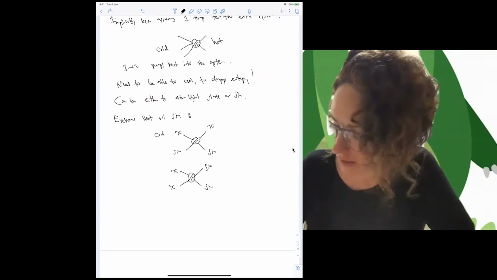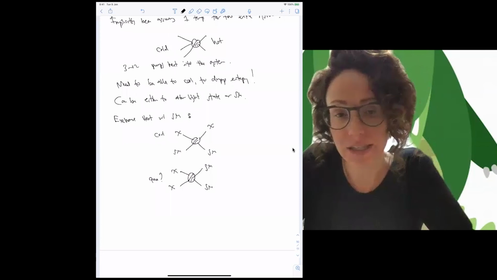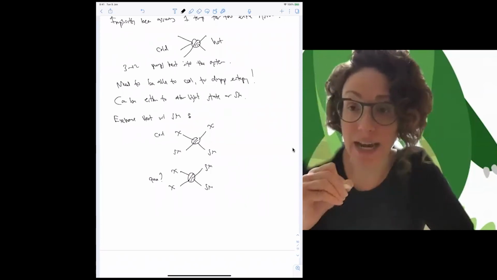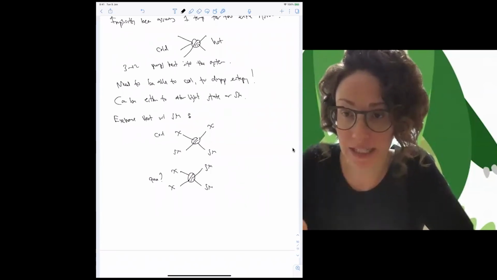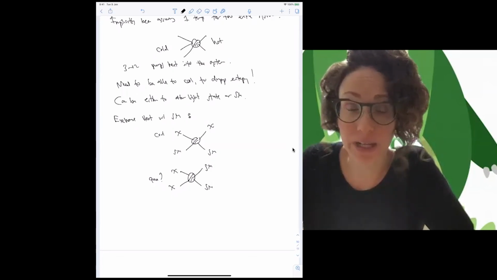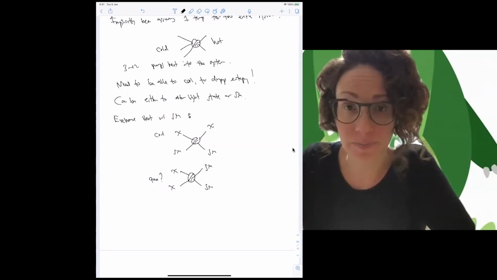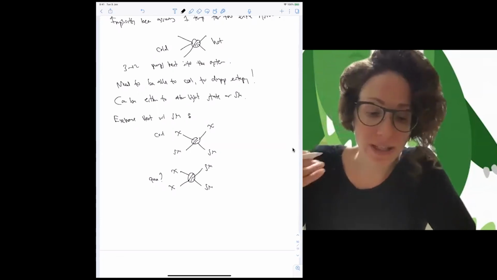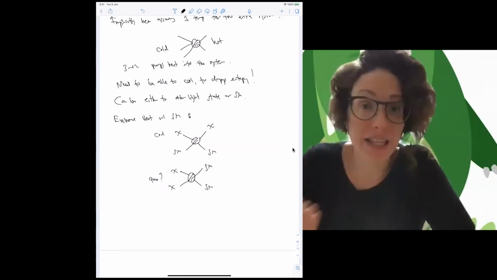So the big question is, can I cool but not annihilate? Because if this annihilation process is active during freeze out and is dominant, then I'm in big trouble, because the ordinary WIMP takes over and we haven't done anything new. So we want to cool without annihilating. The big question is, can this be done?